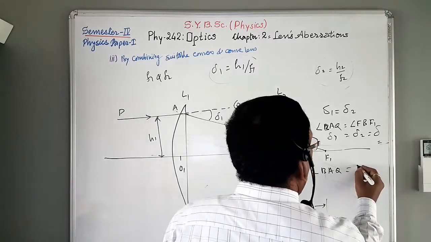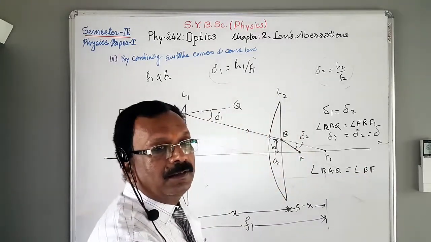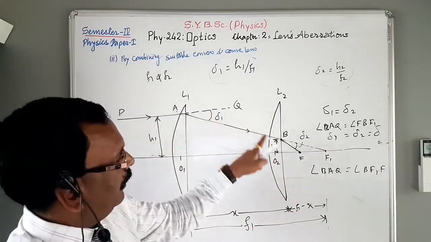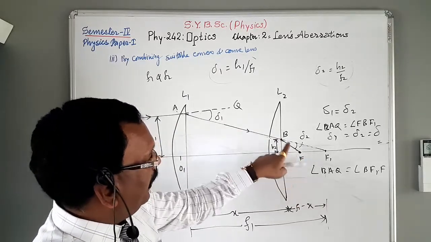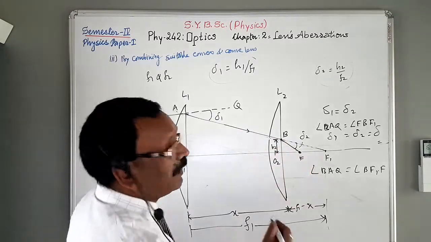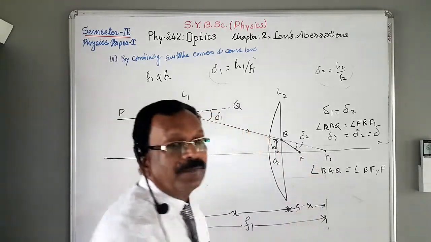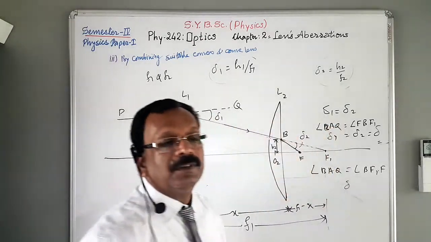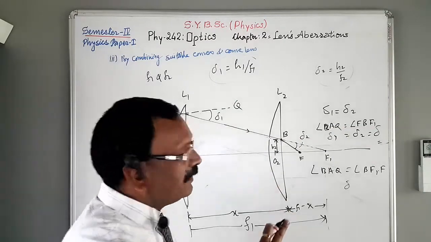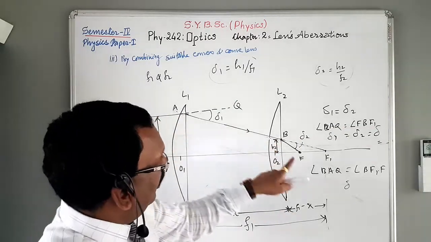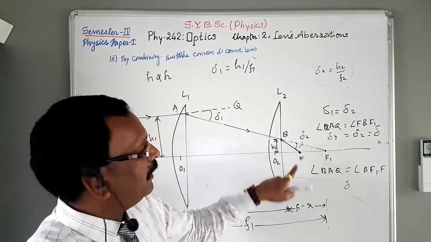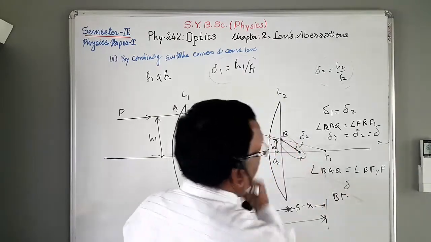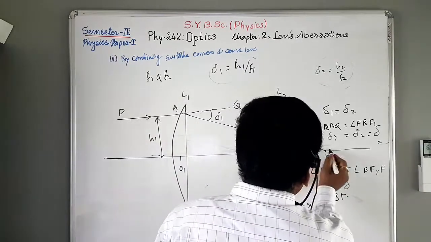Now see here in this figure, angle BAQ is equal to angle BF1F. These two angles are the same, and these angles are nothing but delta. If these two angles are the same, then obviously this distance BF is equal to FF1.